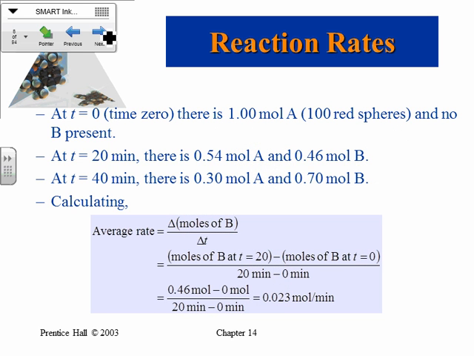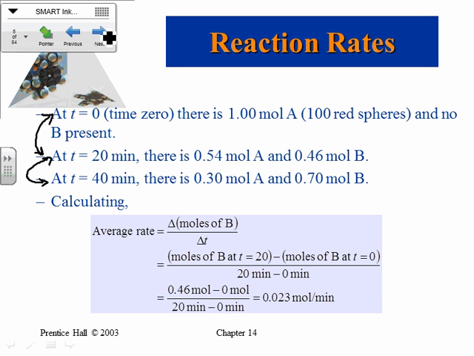There's 0.54 moles of A and 0.46 moles of B at 20 minutes, and then at 40 there's 0.30 and 0.70. So if we want to calculate the average rate of this reaction, all we have to know is the change in the moles of B and put that over the change in time. Now we could compare these two times, or we could compare these two times.